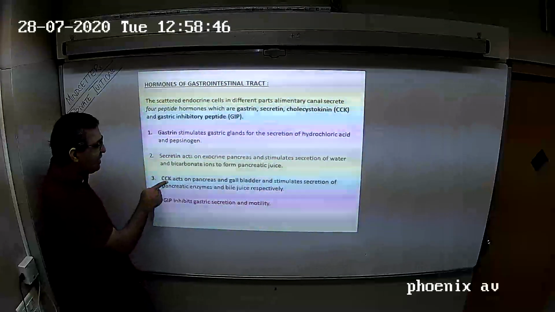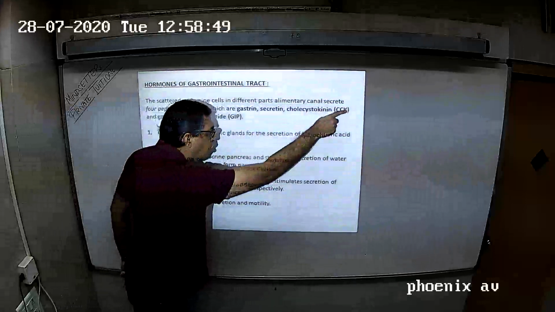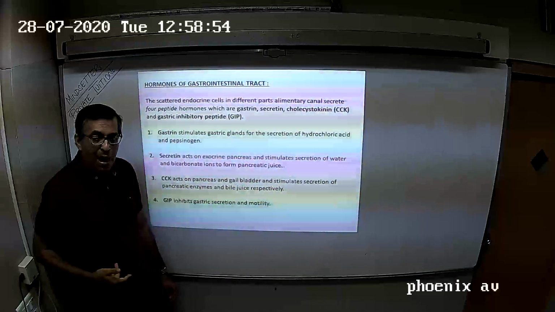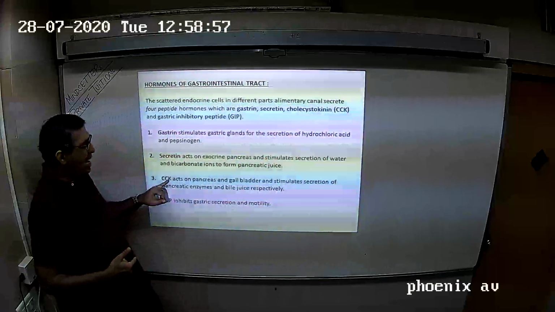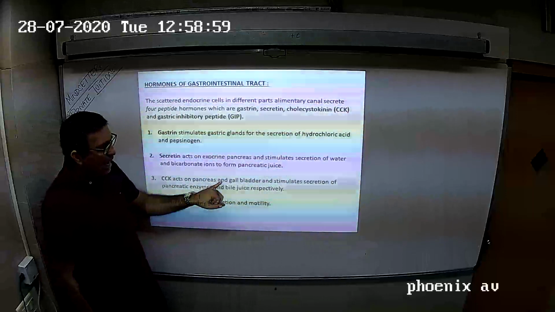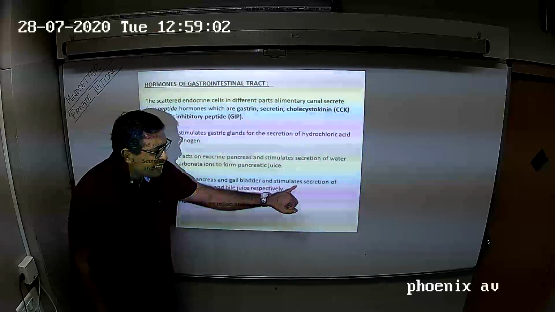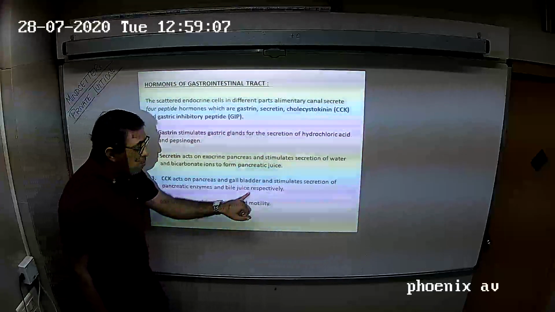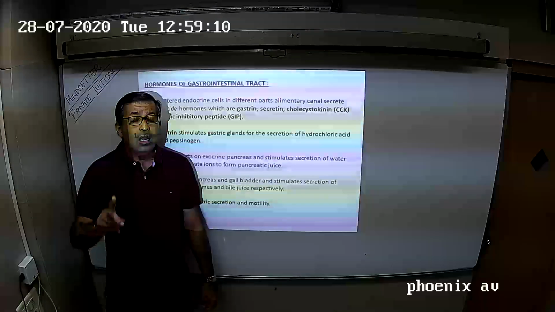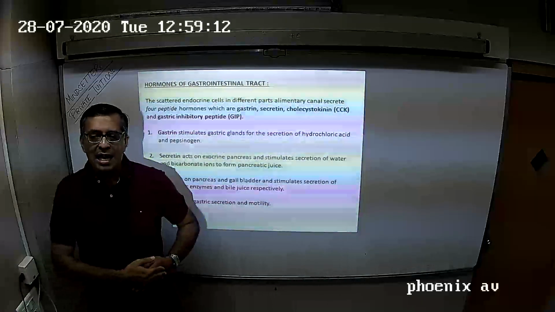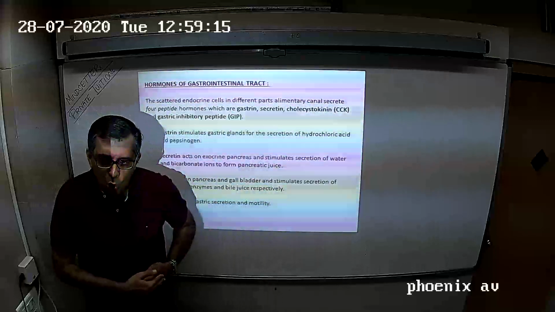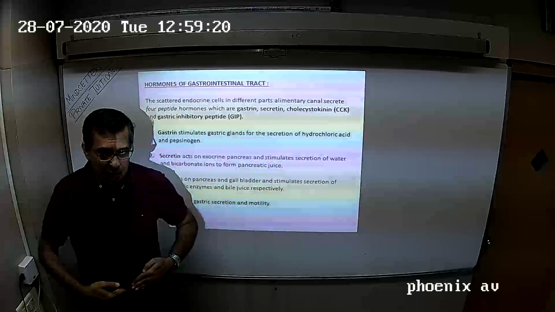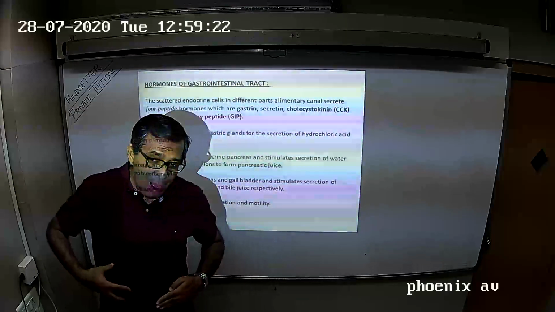And then you have CCK. Cholecystokinin is secreted again by the intestine, by the duodenum, and it acts on the pancreas and gallbladder and stimulates secretion of pancreatic enzymes and bile juice respectively. If you remember, the pancreas produces pancreatic juice. It goes in the duct called the pancreatic duct. The liver produces bile.